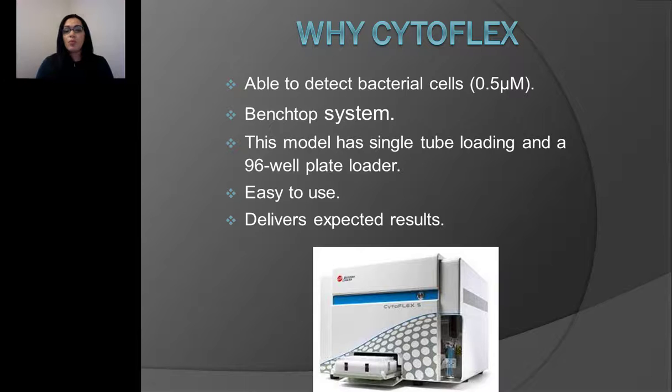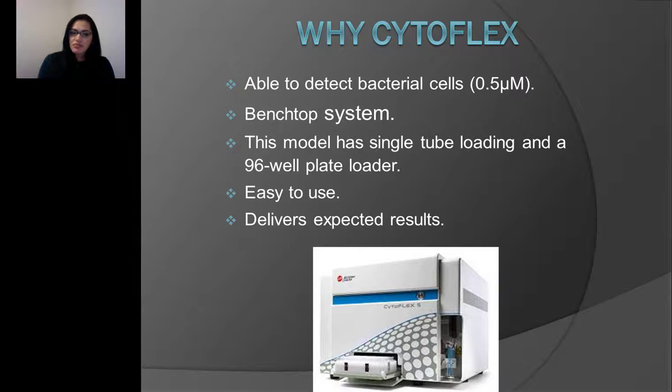And what we were looking for is a flow cytometer that is able to read or detect cells as small as 0.5 microns, which is the size of the cells that we are dealing with. This flow cytometer is able to detect particles as small as 200 nanometers, which is really, really sensitive and high tech.